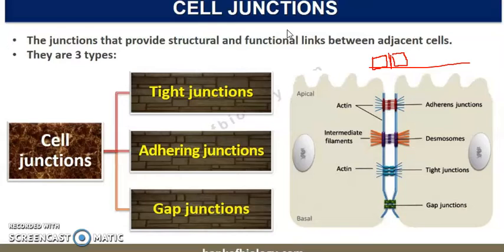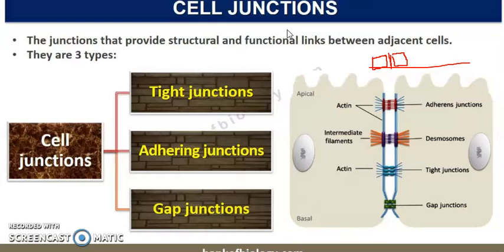So that should not happen. For that, there are specialized junctions in all animal tissues which will provide both structural and functional link between adjacent cells. So epithelial tissues are made up of epithelial cells, right? So between these cells there are specialized junctions which provide structural and functional link between the adjacent cells, right?